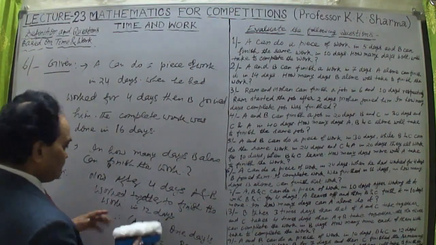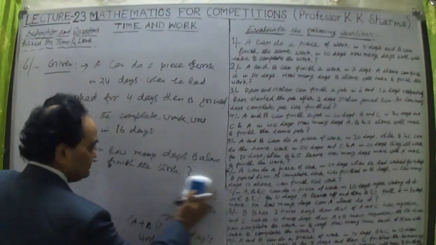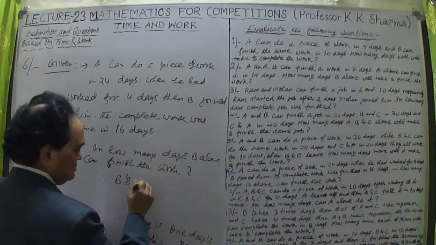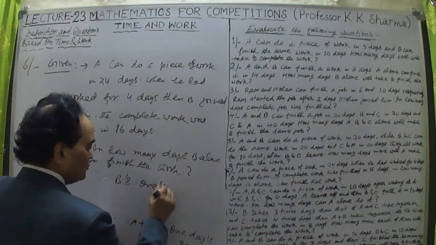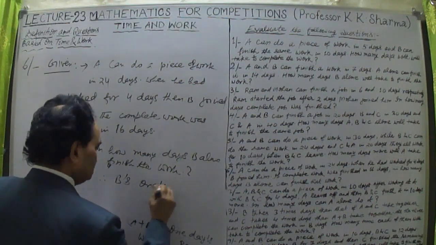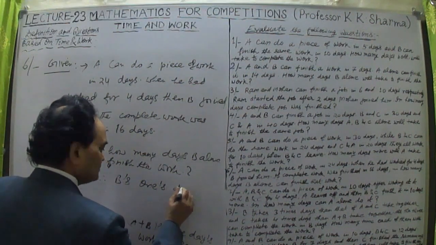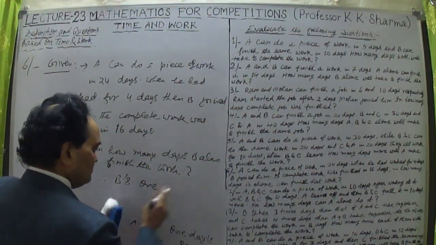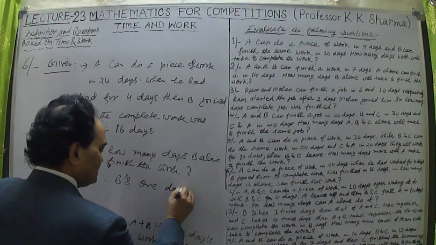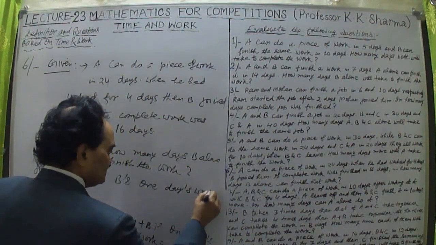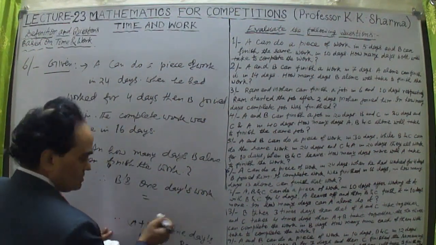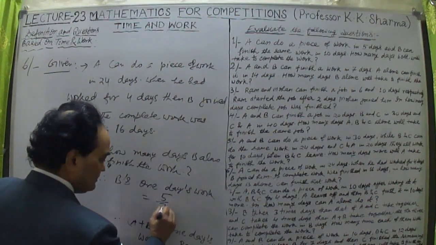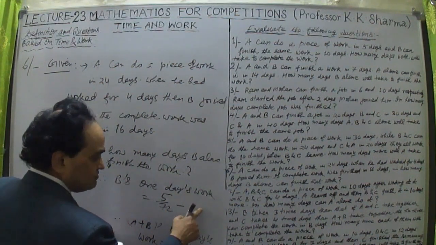Now let us take what B's rate of work is. Therefore B's 1 day's work, or rate of work, is equal to both A and B's work, 5 by 72, minus A's work.